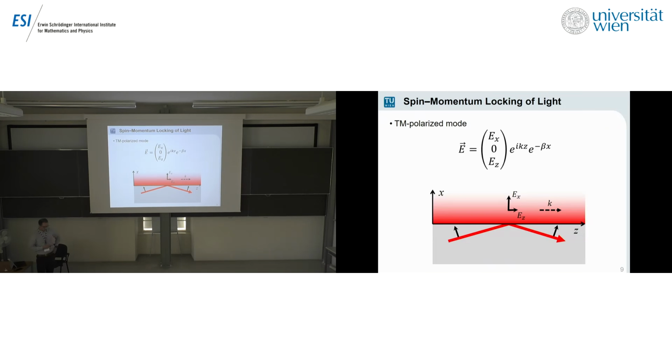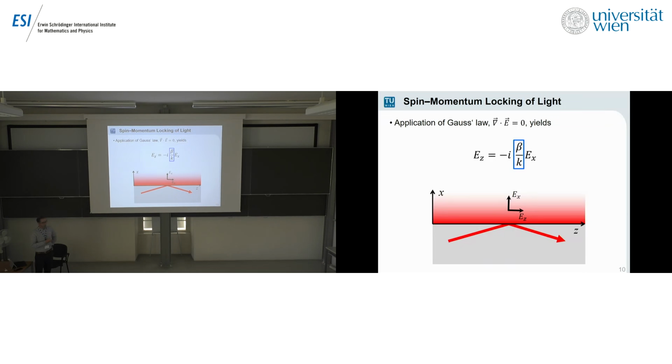And if we now want to know how large this counterintuitive longitudinal component, which oscillates in direction of propagation, is, we can consult Gauss's law, which tells us that these two components relate by this ratio here, where you have, first of all, the decay constant beta of this field, and the wave number.